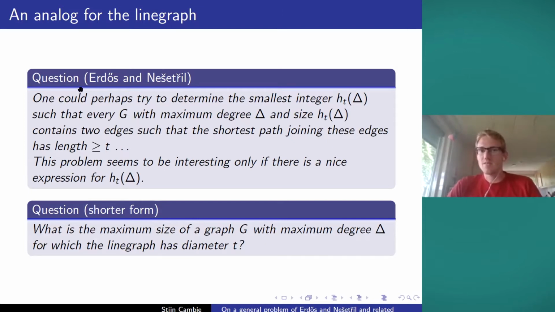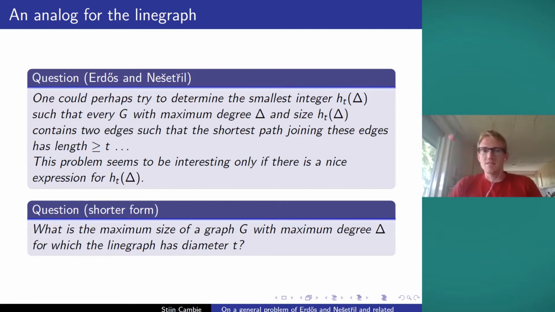Then the question of Erdős and Nešetřil asks about determining the smallest integer h such that every graph G with maximum degree delta and size h contains two edges such that the shortest path joining these edges has length at least t.